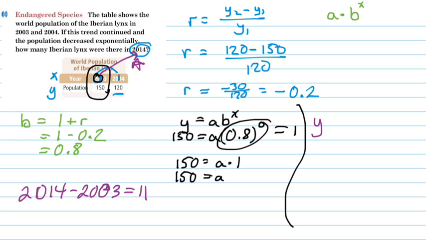And so our x in this case is going to be 11. So let's go ahead and just write our original equation. So we found out that a is 150. B we found out to be 8/10, and just put it to the x. So let's plug in our scenario. 150 times 8/10 to the 11th power.